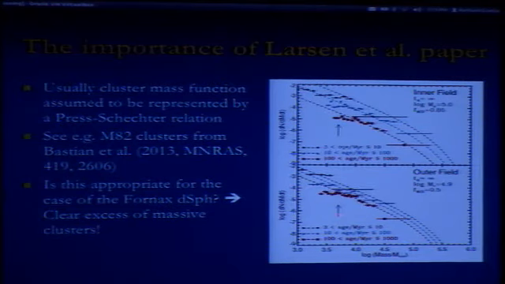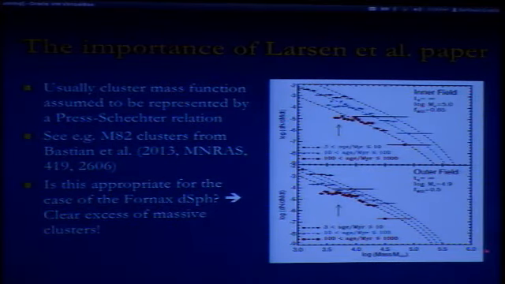Another important result of this paper is, however, that if you look at the mass function of the clusters, typically it is found that they follow a Press-Schechter relation like this one. This is, for instance, followed by the young clusters in M82.